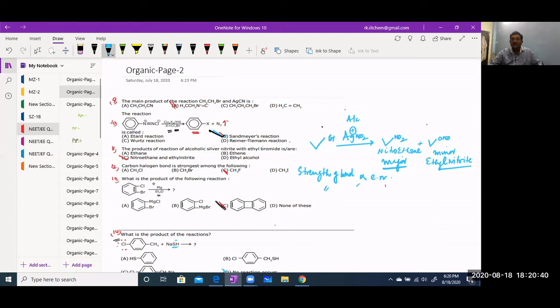And strength of the bond is directly proportional to bond order. Strength of the bond is going to be inversely proportional to bond length. So that's the concept with respect to this, right?